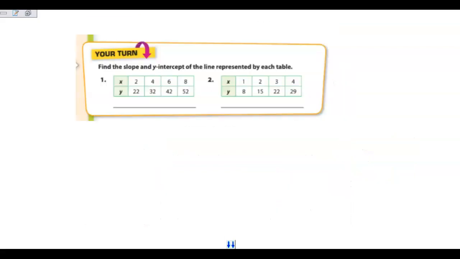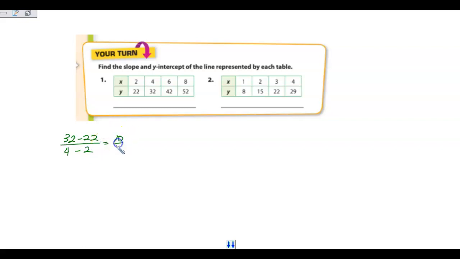We can use these tables to find the slope and the y-intercept of the line represented in each table. So we are going to find the rate of change, or the difference in our y values over the difference in our x values. It doesn't matter, you can choose any two. So let's do 2 and 4. So we have 32 minus 22 over 4 minus 2.